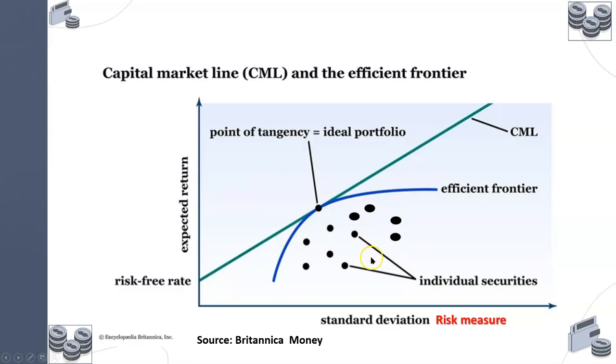You may construct a portfolio with riskless asset and risky asset. These are all the possible combinations of portfolio. I can have this portfolio or this one or this one or any of these combination portfolios.